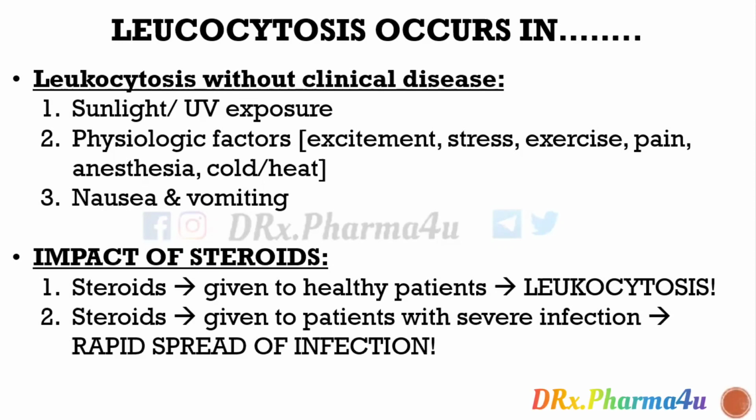If steroid is given to a healthy patient, it doesn't mean that they are not having any disease at all. They may have some other disease, but they are being given steroids for some reason. In that condition, leukocytosis may happen. But if steroids are given to patients with severe infection, documented infection, then it may cause rapid spread of infection.